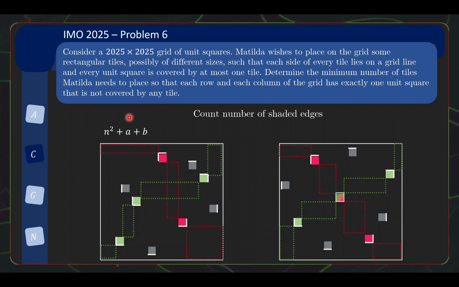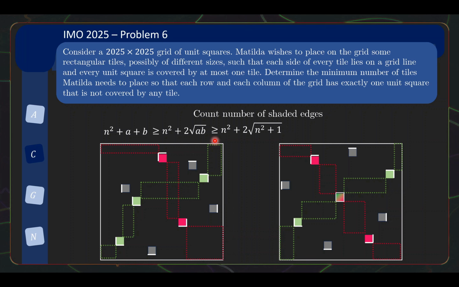So the number of shaded edges is this, and we know a bound for A and B. The bound appears in the form of the product AB, so we need to apply AM-GM to first convert A plus B to greater than or equal to 2 square root AB, and now we can use the bound.